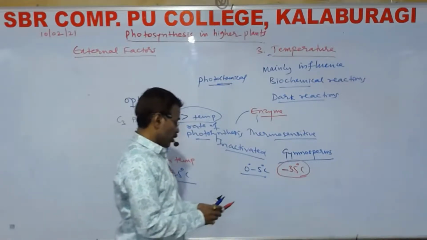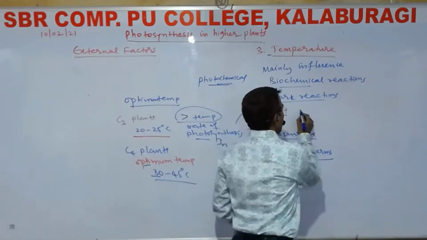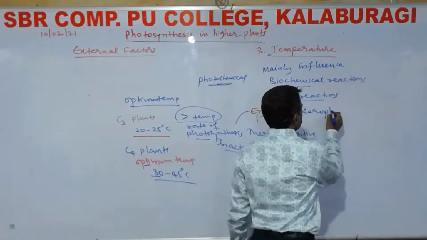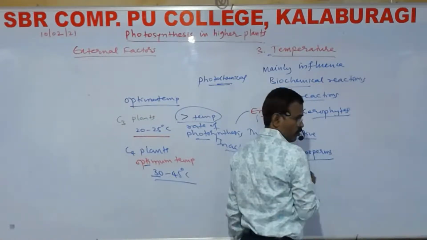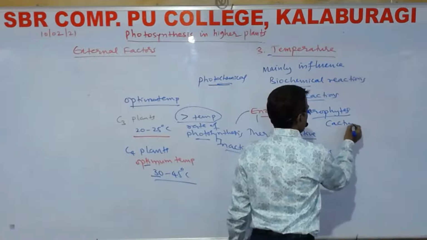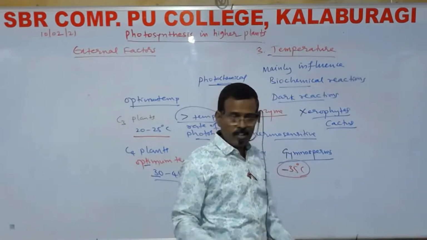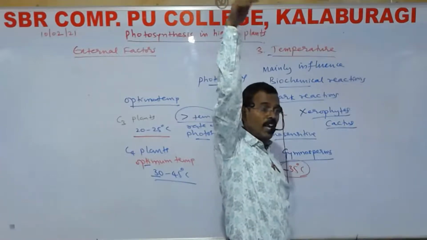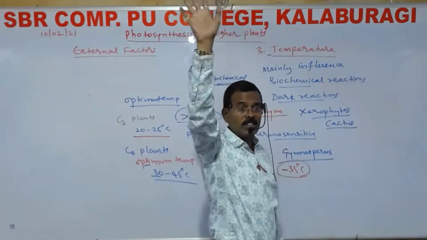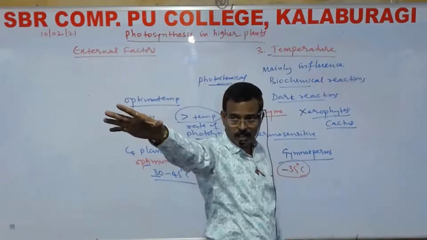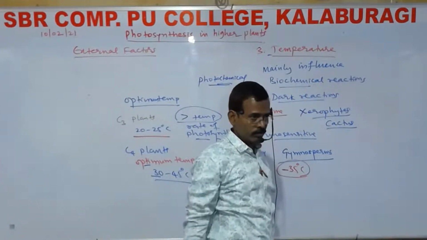Now, certain plants like xerophytes, cactus, usually grow in desert conditions. In desert conditions, summer temperature will be very high. Summer temperature can reach up to 60 degrees in deserts.